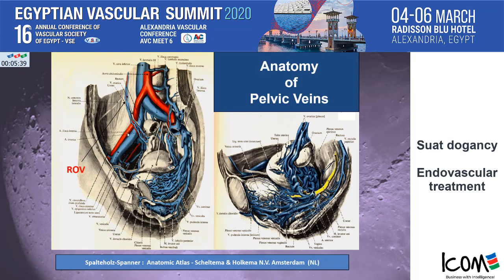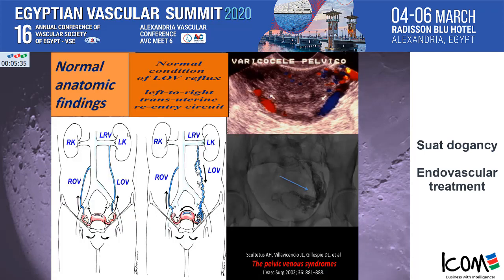So this is the anatomy of pelvic veins, very complicated, and you see the normal anatomic findings. Both ovarian veins go from the ovary to the vena cava.